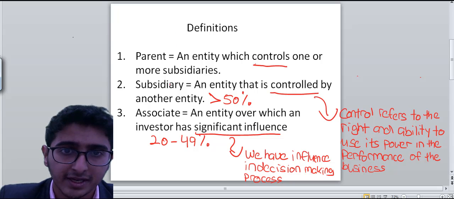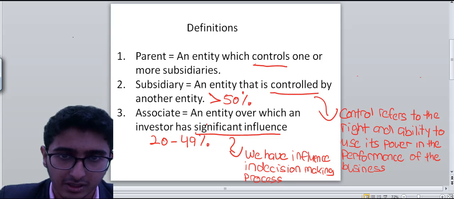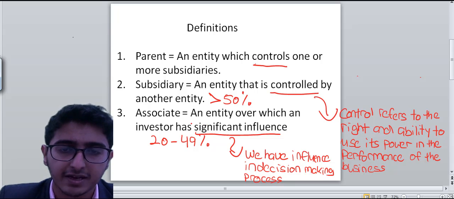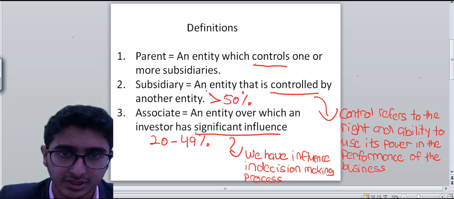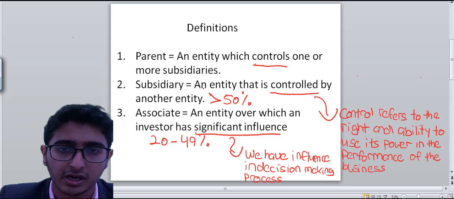Now, when it comes to the accounting treatment of associate, we call it the equity method. Equity method I will be teaching you in later chapters. And when it comes to subsidiary, we use something called consolidation on a line-by-line basis. This simply means that if I have a non-current asset of 100,000 and my subsidiary has a non-current asset of 50,000, together as a group we have 150,000.